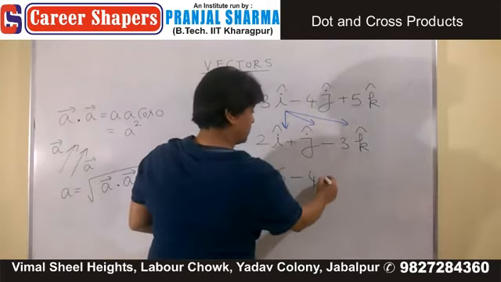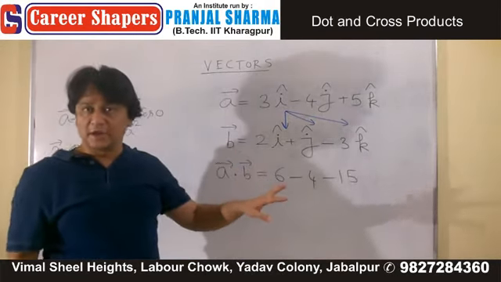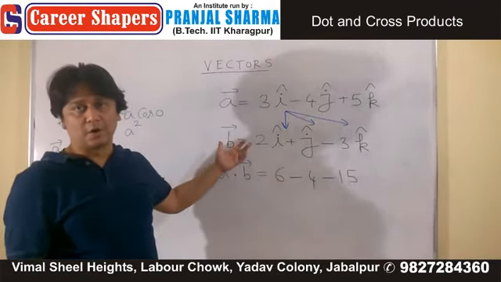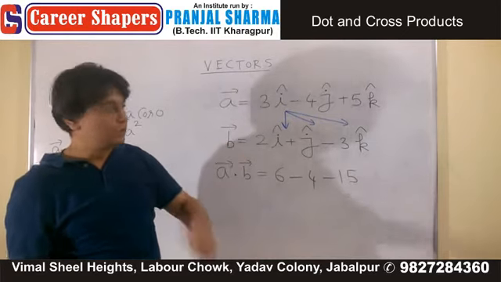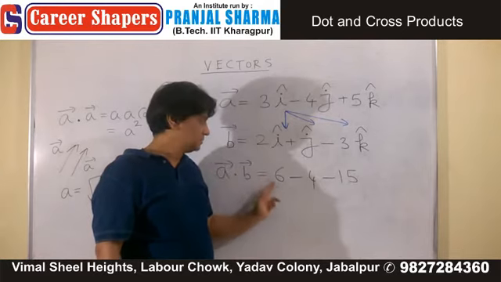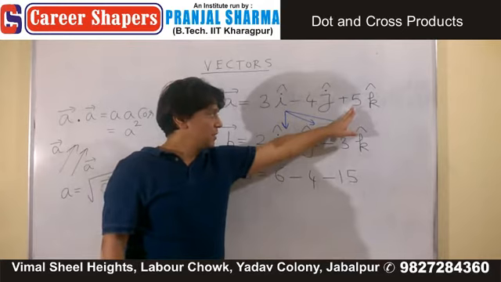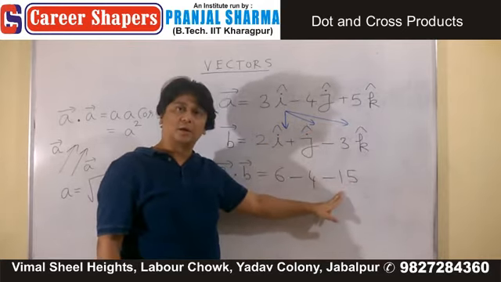5 with 3, minus of 15. One of the easiest things is to take the dot product in this form. What we do: multiply coefficient of i with i, coefficient of j with j, coefficient of k with k.